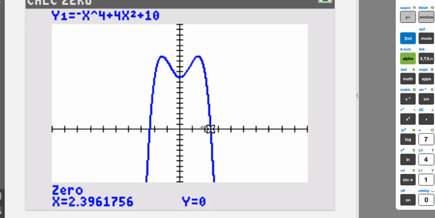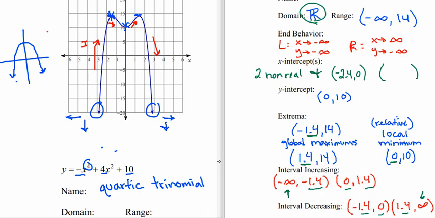It doesn't matter how far to the left as long as you don't go way over here past this other 0. Okay, you want it to focus on this 0 on the right. So as long as that cursor left bound is somewhere in this area to the left, as long as right bound is over here, you'll get this point, 2.4, comma 0. 2.40.